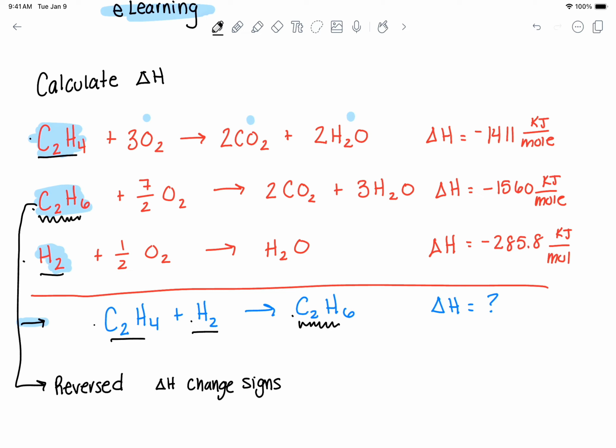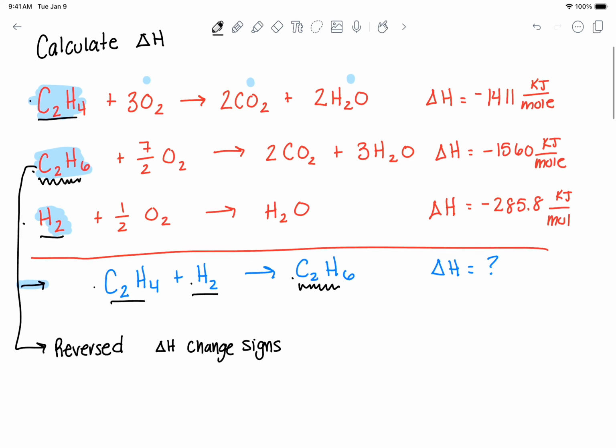So because all of our molar coefficients are unchanged between our 3 thermochemical equations compared to the equation that we want to get, we do not need to change any of the other compounds in there, because what we do to one, we have to do to all. So the only thing that we have to change in this set of reactions is we have to reverse our second equation.